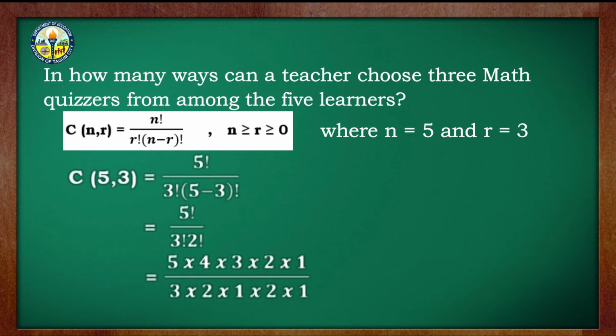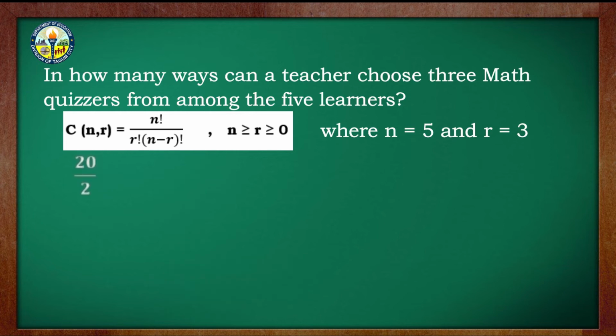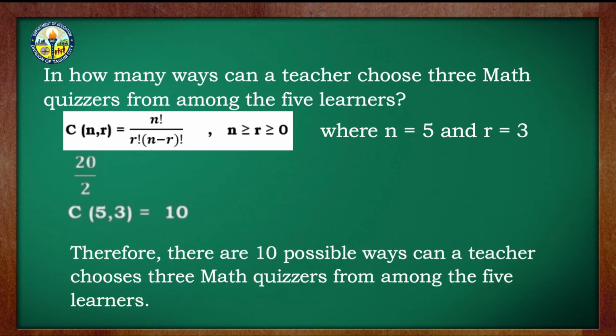The common factors are 3, 2, and 1. Afterward, you multiply 5 and 4. This becomes 20. And 2 times 1 equals 2. Finally, divide 20 by 2. So the combination of 5 learners taken 3 at a time is 10. Therefore, there are 10 possible ways a teacher can choose 3 math quizzers from among the 5 learners.